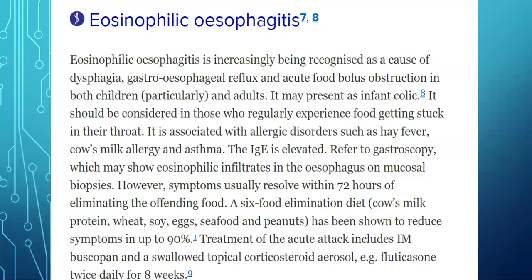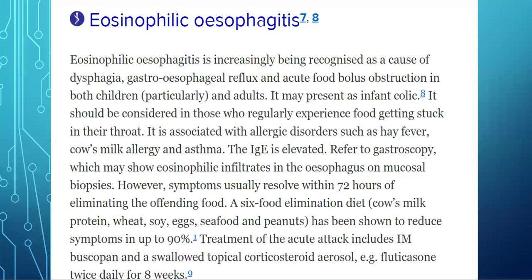So if a patient has all the symptoms of eosinophilic esophagitis and the endoscopy has confirmed the diagnosis, with eosinophils on the esophageal mucosa, then we don't need to even think of giving the proton pump inhibitor. Then we can choose either the dietary elimination, or any of these topical steroids.